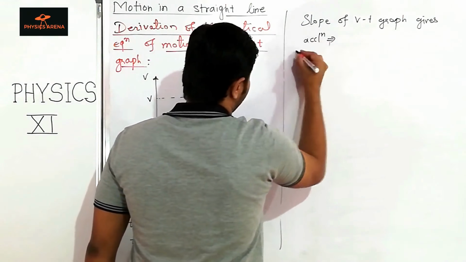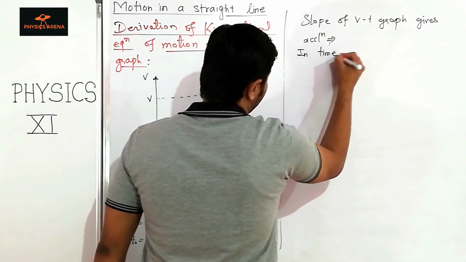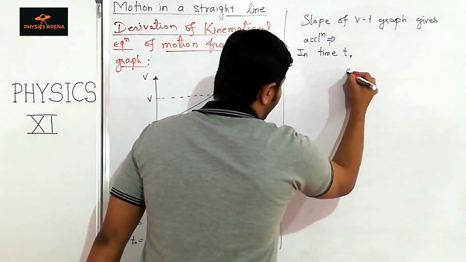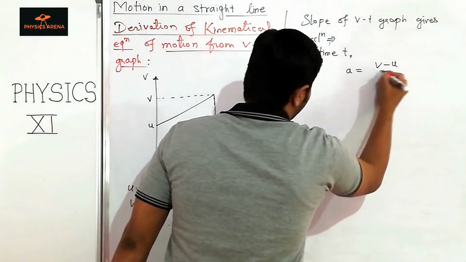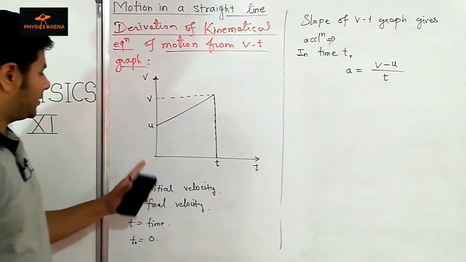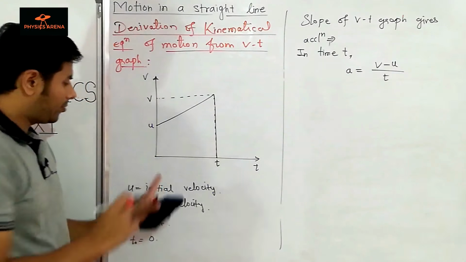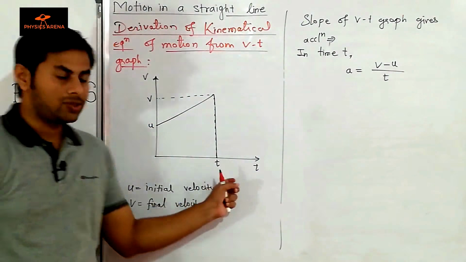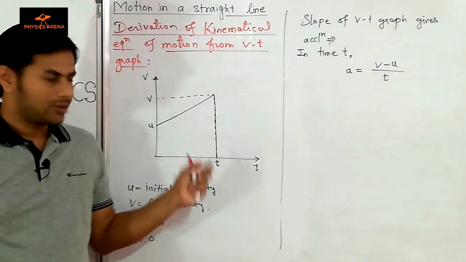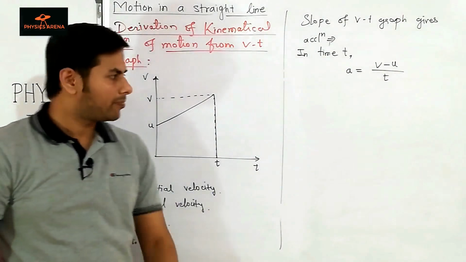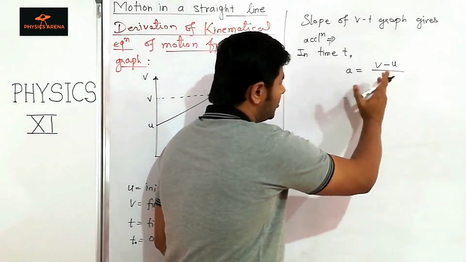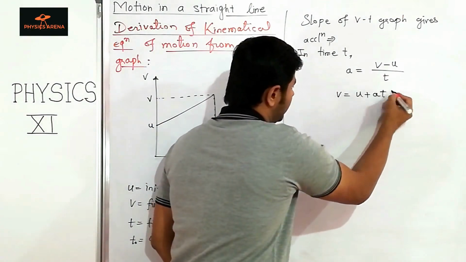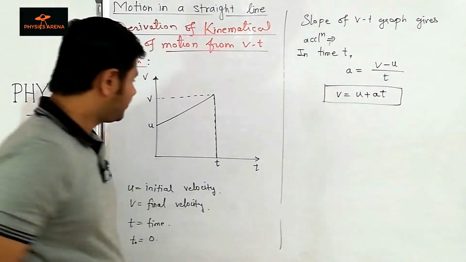So using this, in time t, I can write a equals v minus u divided by t. At time t equals 0, the velocity was u. At time t equals t, the velocity is v. So the slope of this graph gives us acceleration. So v minus u is equal to at, and v equals u plus at. So this thing is very trivial.